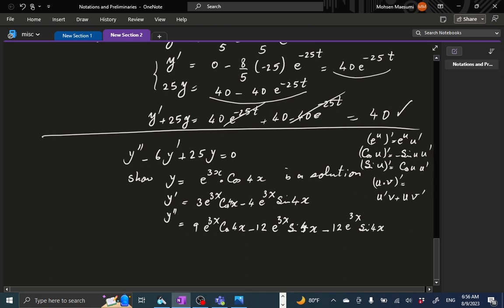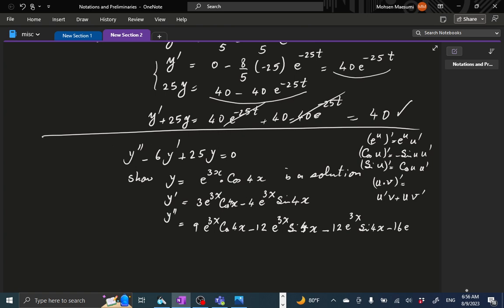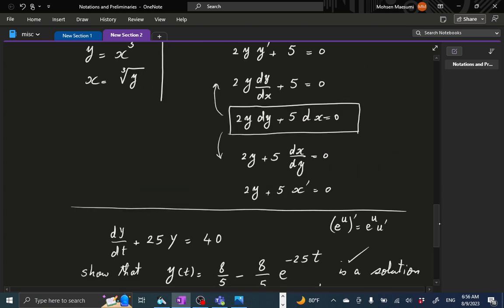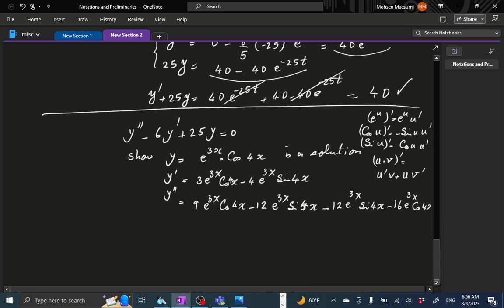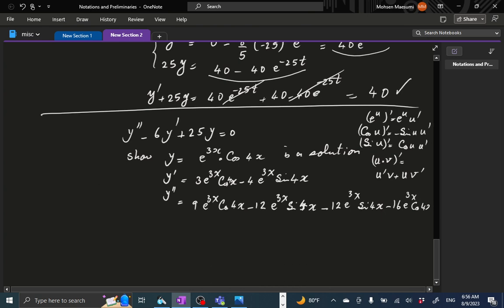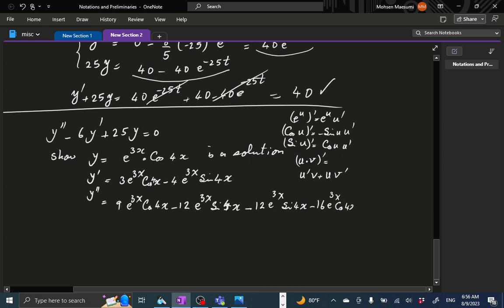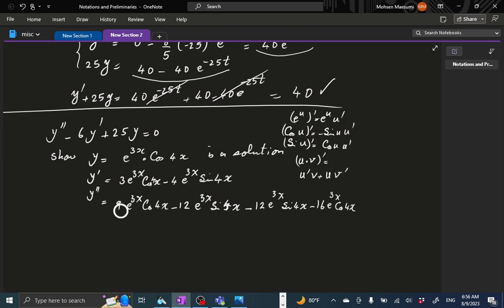And then 4 times another 4 makes minus 16 exponential of 3x cosine of 4x. Let me make sure I did not miss anything. So 9 and minus 12, another minus 12, and then minus 16.